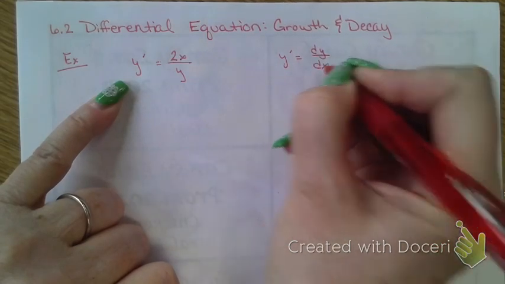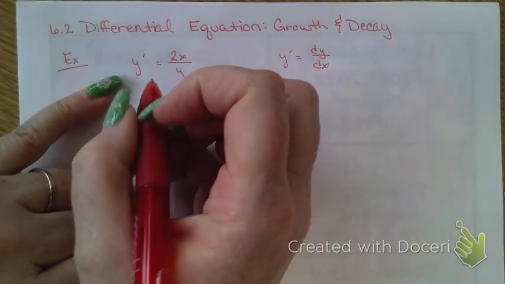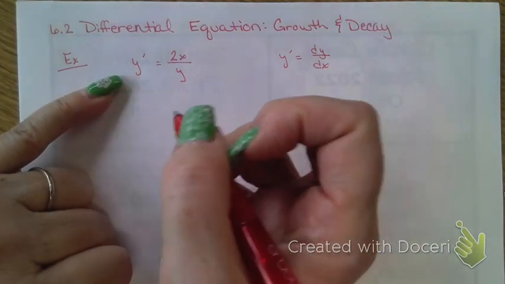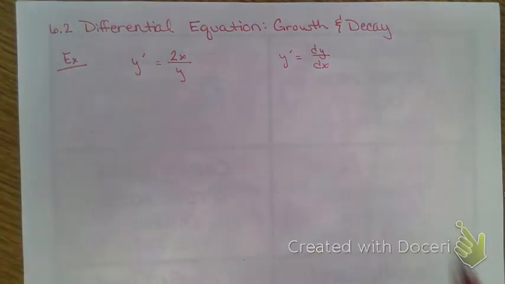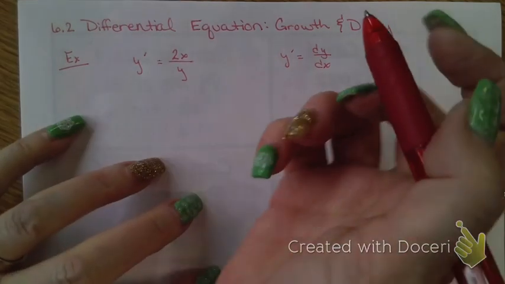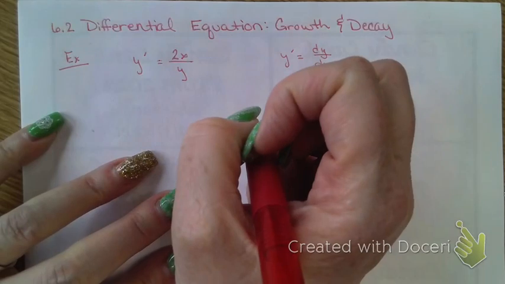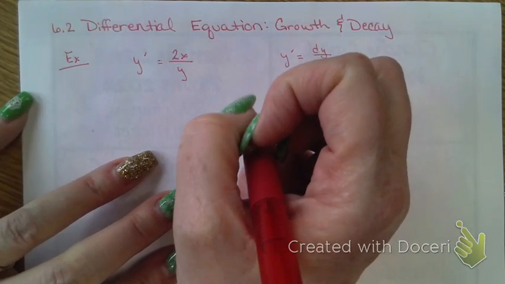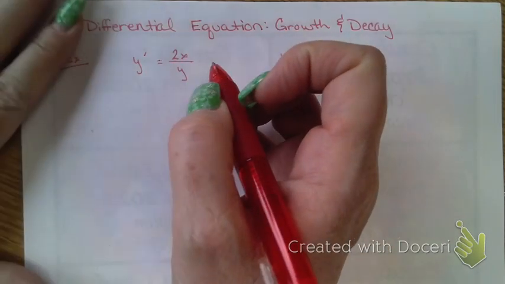Same thing. So we need the y's on one side and the x's on the other. Got it? Okay. I'm going to do it a little bit different than the book would do.